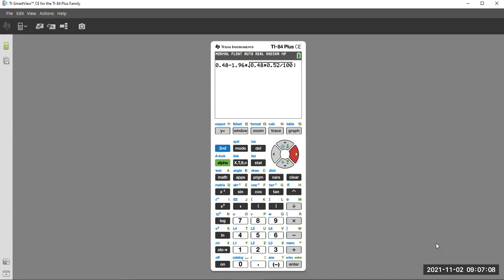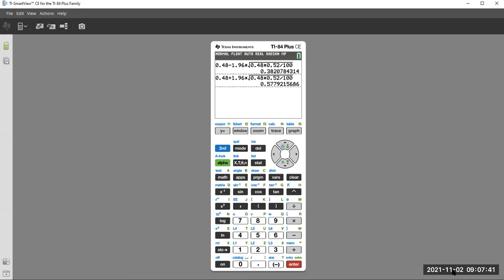So that's my expression. There's a 0.382 and change. Now, I need to redo this calculation with a plus there instead of a minus. I will use second enter to bring up that last set of keystrokes, and then I can modify it by changing the minus to a plus, and there's the 0.578 rounded to 3 decimal places.